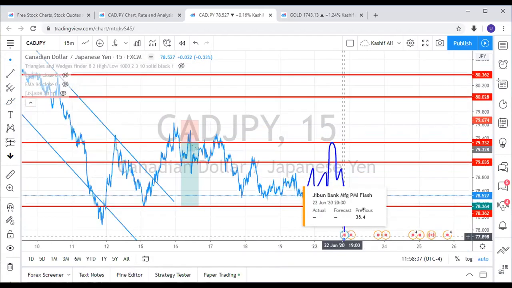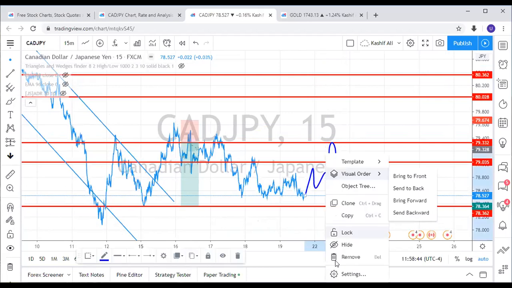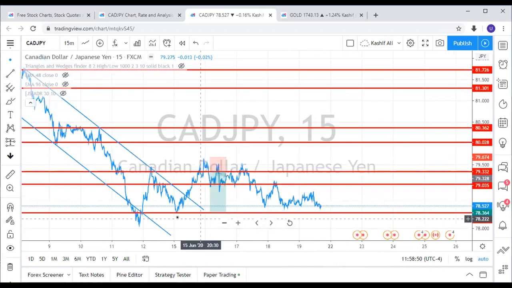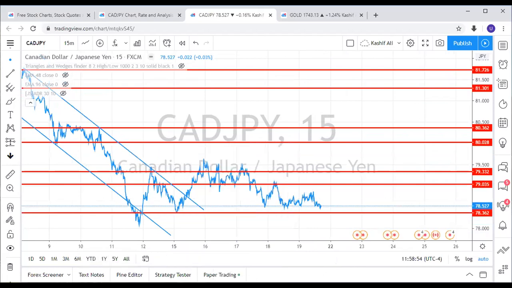Let's have a look. Yeah, Bank of Japan PMI flash. It will give strength to the Japanese currency if the news is good, and this will push CAD JPY further down. There are many ways to check if the direction is changing, when there is a rejection, when the channel breaks out.